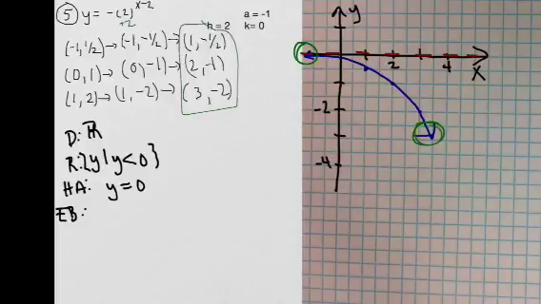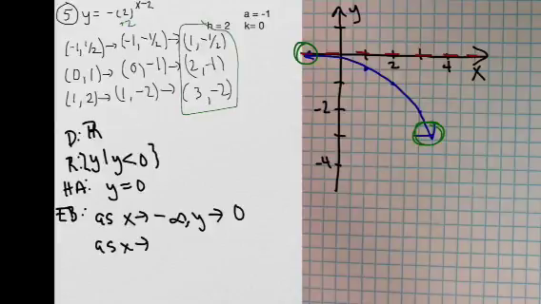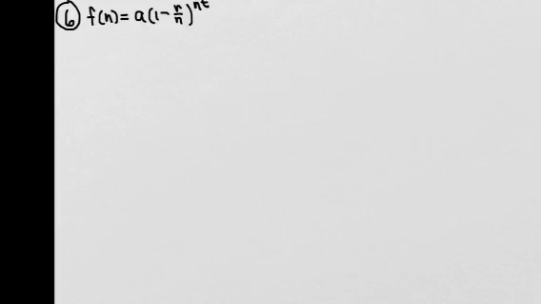So as x goes to -infinity, y goes towards 0. And as x goes to positive infinity, y goes down. It goes to -infinity. And that's it.